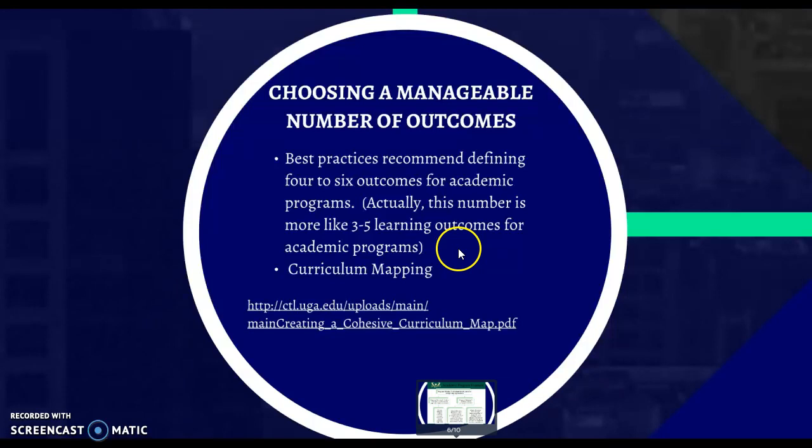It's going to be a lot easier to engage in curriculum mapping, as we saw in the previous slide, with mapping course learning outcomes to program outcomes to the program mission by having fewer program learning outcomes. Course learning outcomes tend to have more in comparison to program learning outcomes.